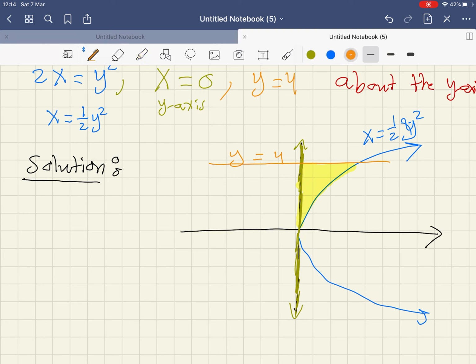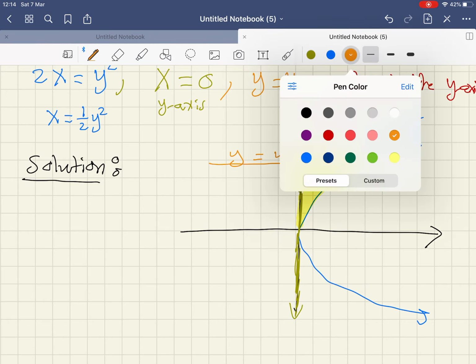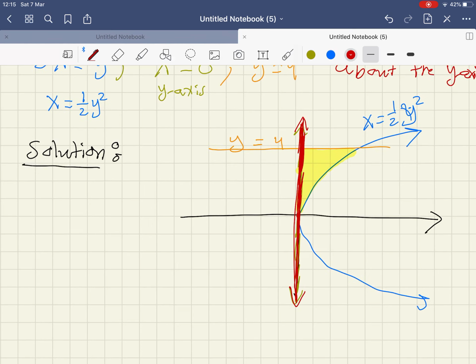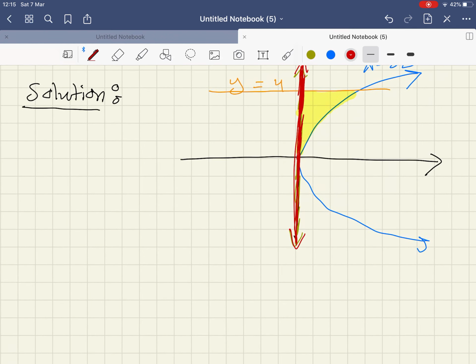And now we need to find the axis of revolution, which is the y-axis, which would be this one. That's the y-axis. And all we need to do now is find R out and R in, and we use the washer method.